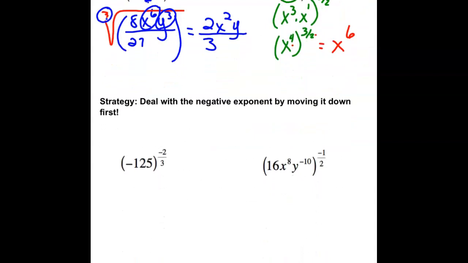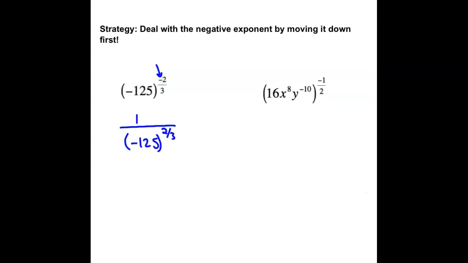Okay, our next set, our strategy is to deal with the negative exponent by moving it down first. Anytime we have a negative exponent, we're going to flip it. So for this one, our negative 125 is to a negative 2/3 power. Because this is negative, let's go ahead and flip this over. So now our negative 125 is in the denominator, but it's to a 2/3 power.